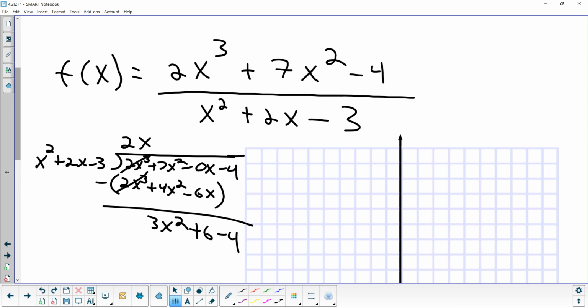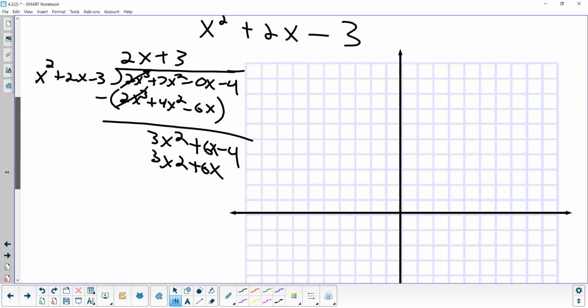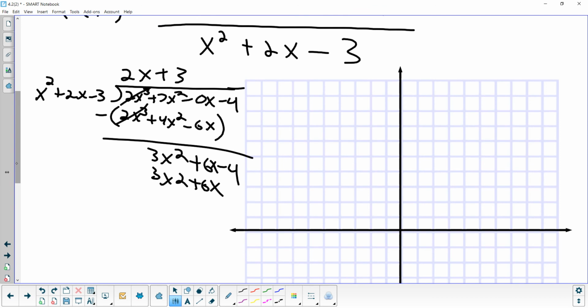Lindsay? 3. Multiply it out. 3x squared. 3 times 2x, Annalise? 6x. And 3 times negative 3 gives me, Nick? Negative 9.